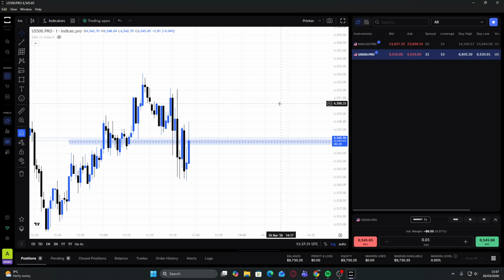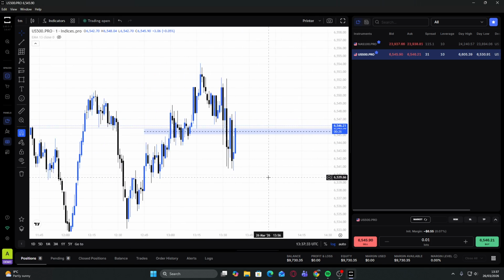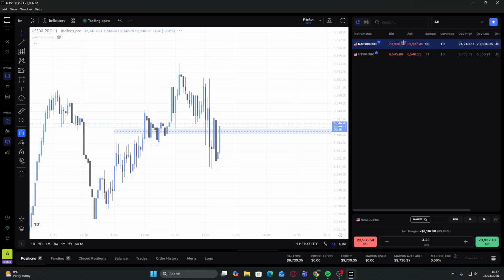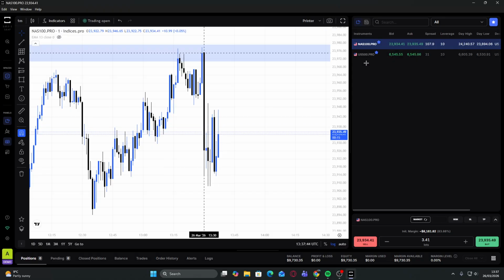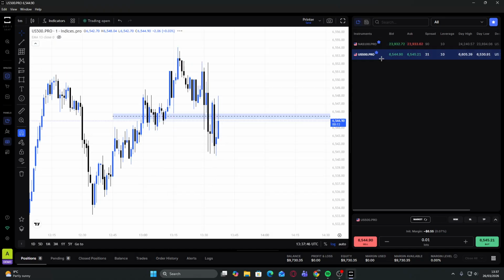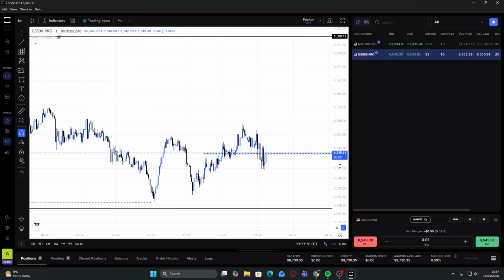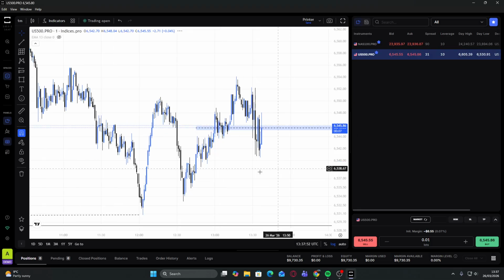Obviously, I just don't know if this is micro time frame. This is all internal structure at the end of the day. Actually, micro time frame, this is the swing. Either way, however you want to look at it, it's micro time frame structure. I still think we're going to come up for that EQ.